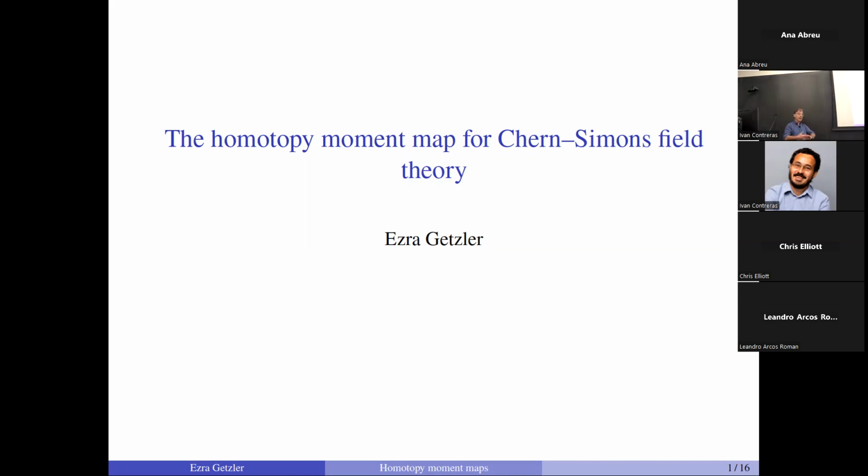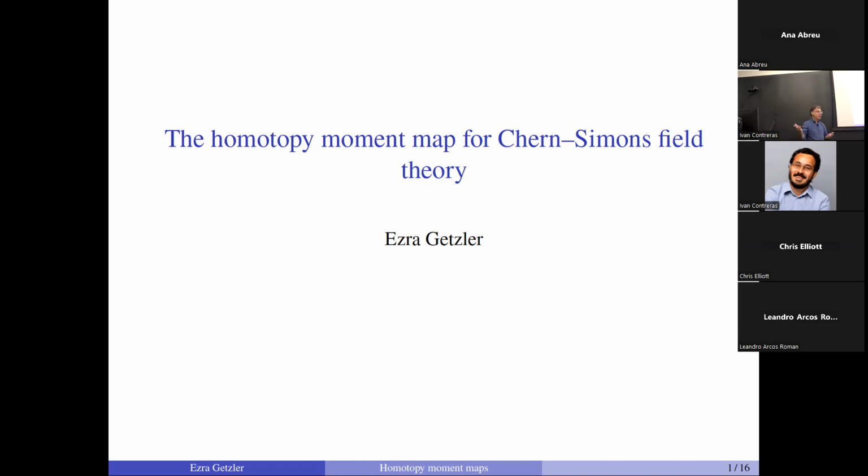That's the goal. Because as many of you know, the moment or momentum map is essentially the lift of a Hamiltonian action or a symplectic action to the pre-quantization line bundle. So this is the perspective that lies in the background of my talk.